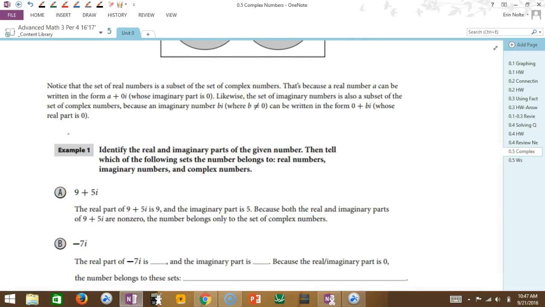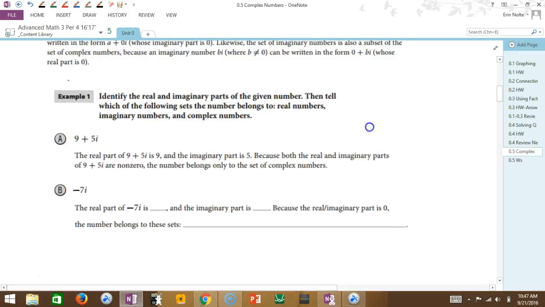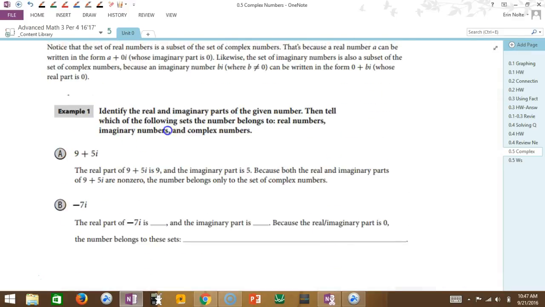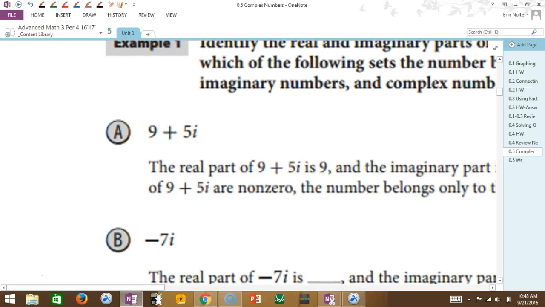Okay, so the first thing we're going to do is just play with some i's, and then I'm going to show you why I threw i in here in the first place. We need to be able to identify what part is real and what part is imaginary. So if, for example, we have the complex number 9 plus 5i, what is the real number? 9.